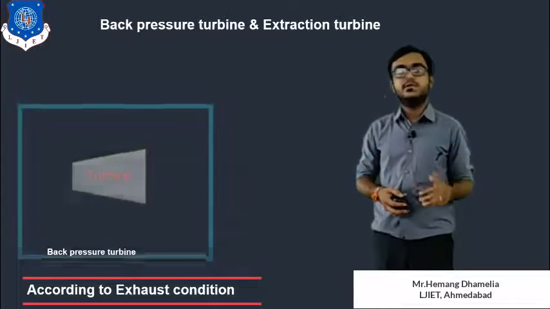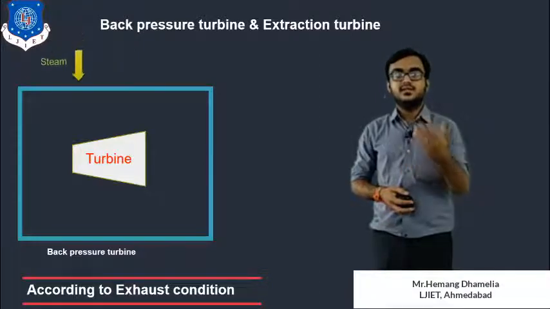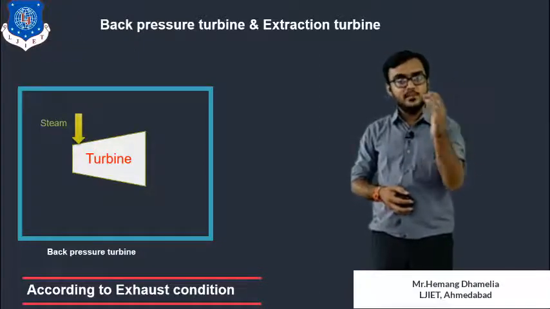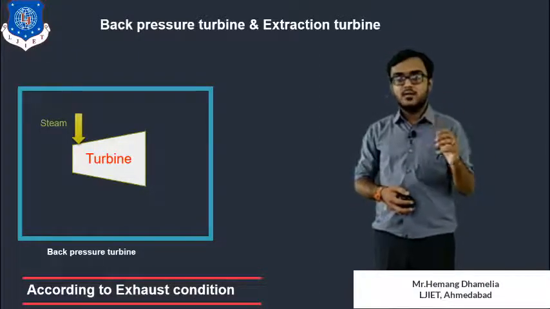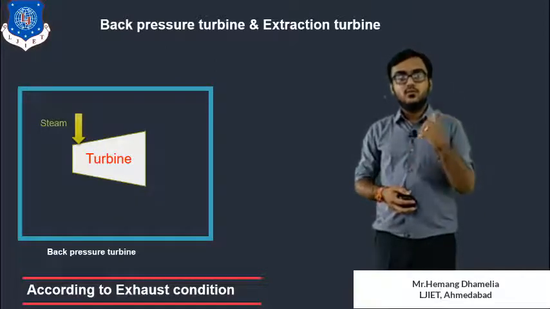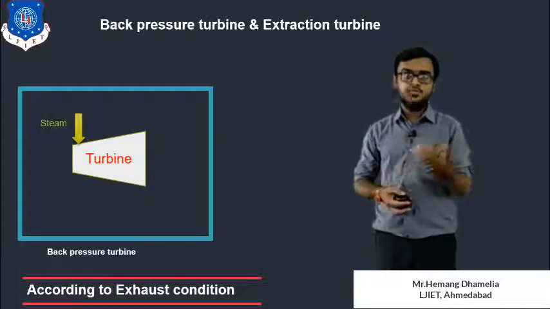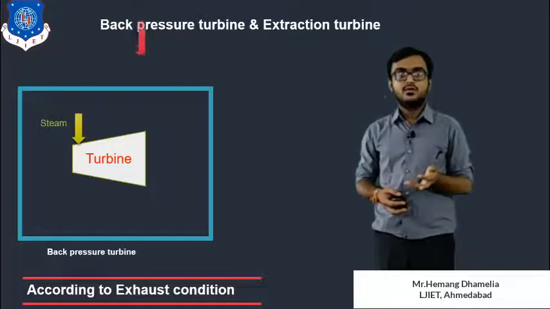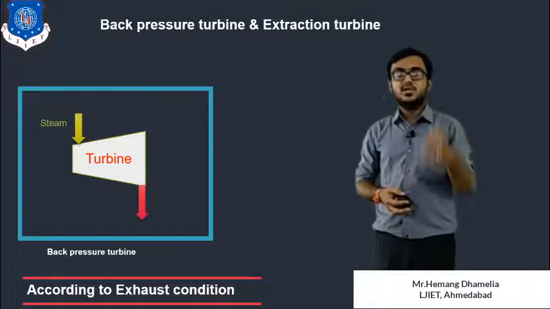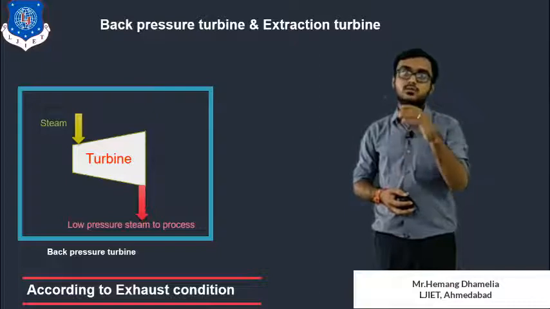For example, here you can see we have a turbine, and steam is coming from the upward direction like this. As the steam expands and leaves the turbine, at the leaving point we supply the steam for a particular process. The process may be, for example, heating or pasteurizing, whatever you can say. So here you can see after the expansion through the turbine, steam is allowed to pass through a particular process.